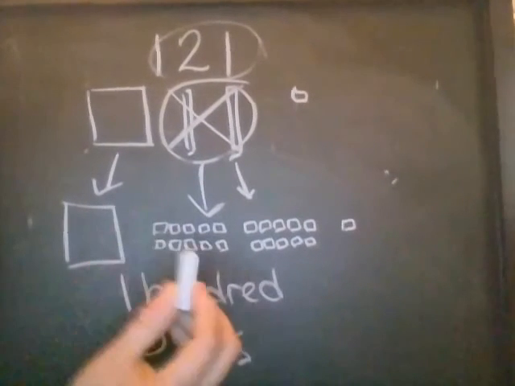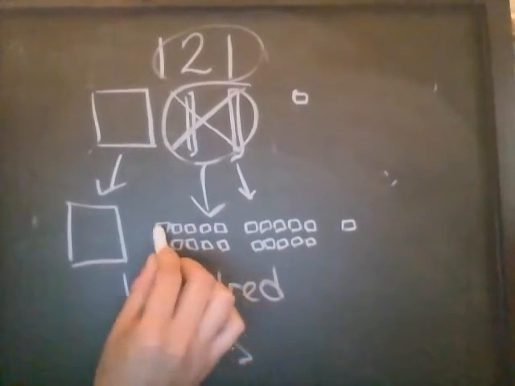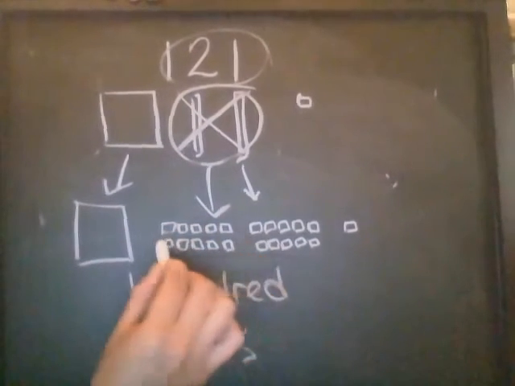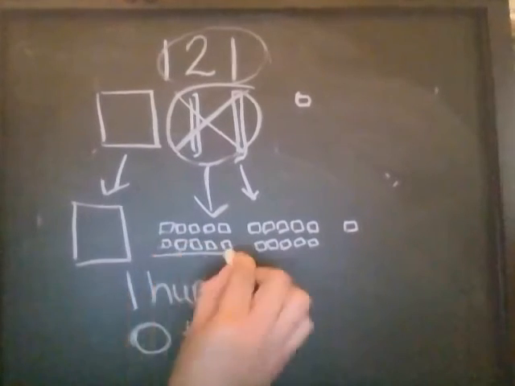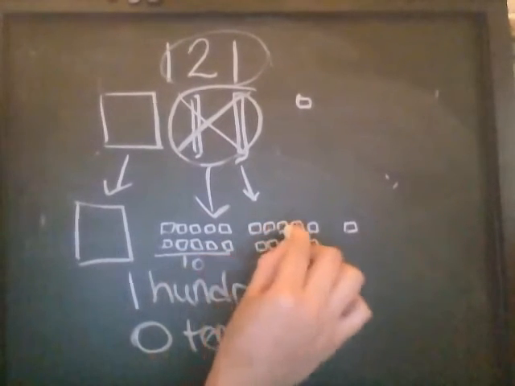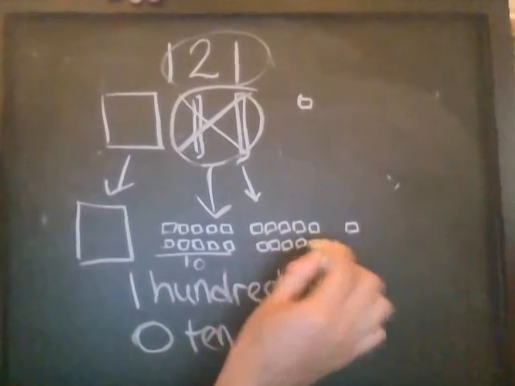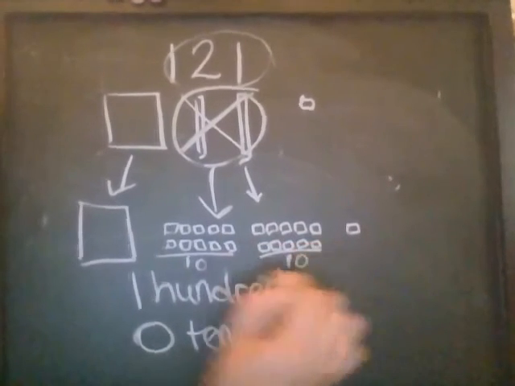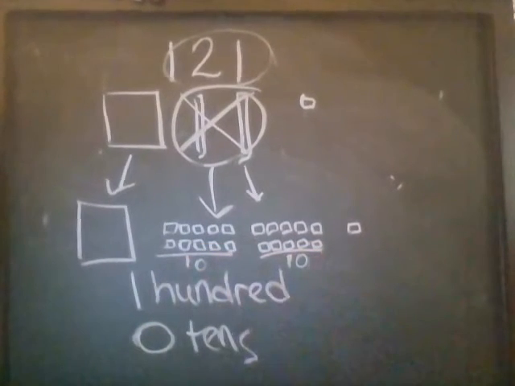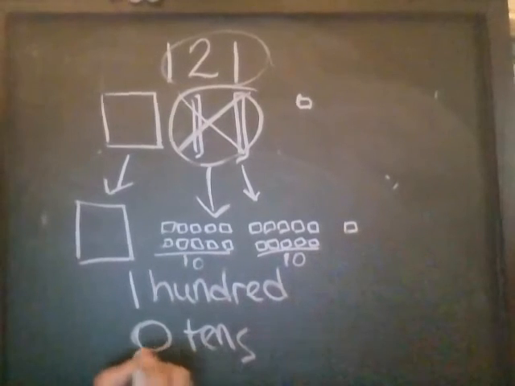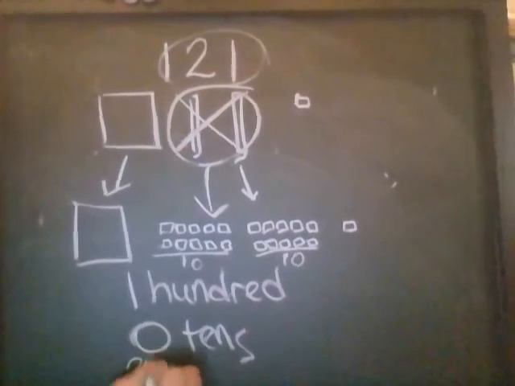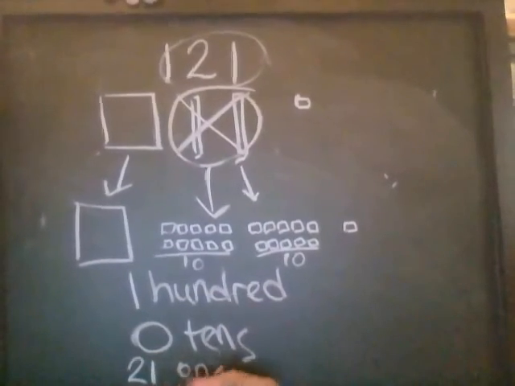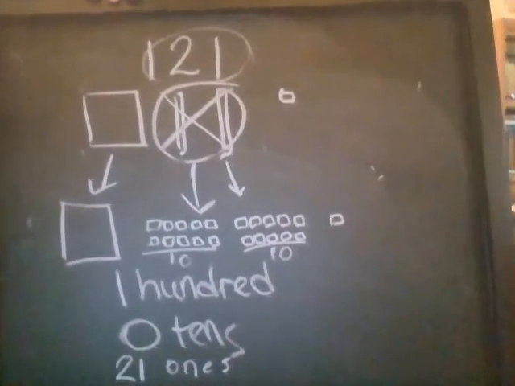And we can go ahead and count them if you don't feel comfortable. 1, 2, 3, 4, 5, 6, 7, 8, 9, 10. That's 10. 1, 2, 3, 4, 5, 6, 7, 8, 9, 10. That's 10. 10 plus 10 equals 20 plus 1, 21. So 21 ones. Okay? All right.